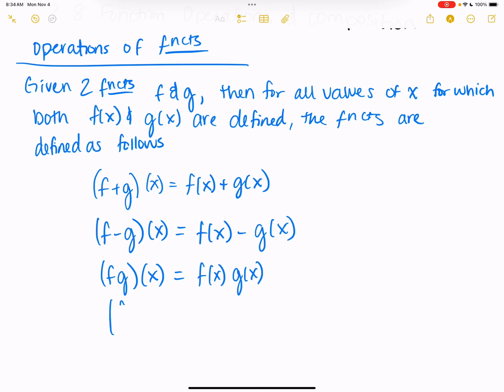And f divided by g of x equals f of x over g of x, given that g of x is not equal to 0. Obviously, we can't have a 0 in the denominator.